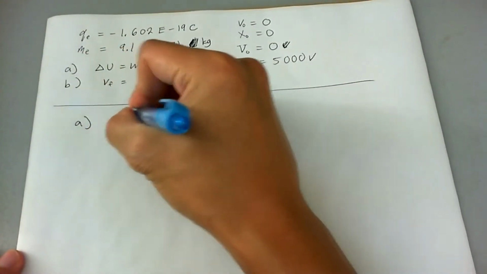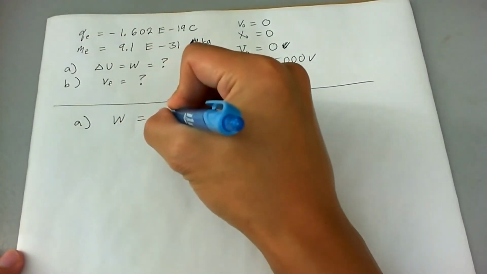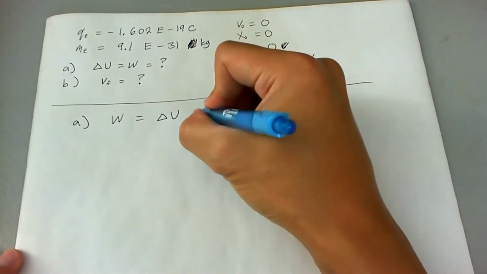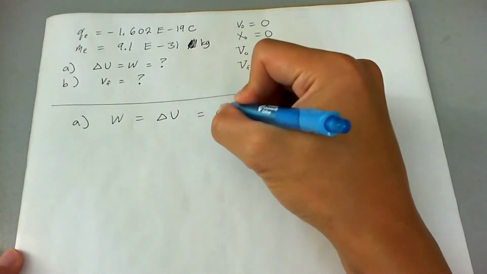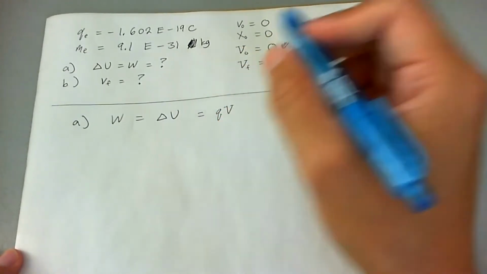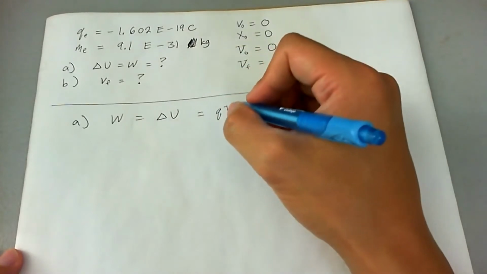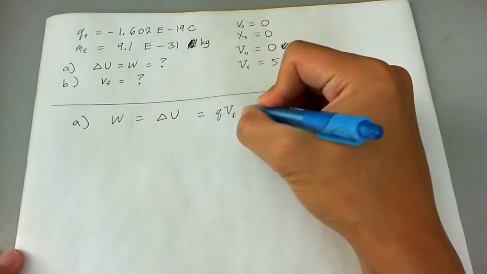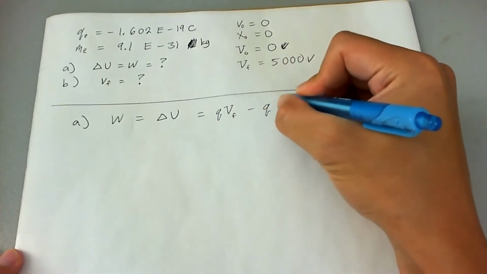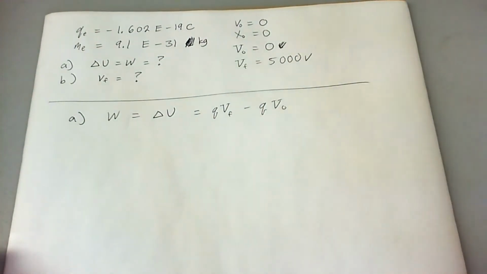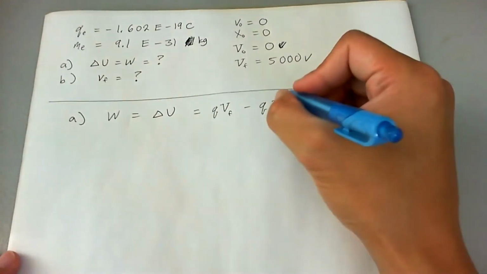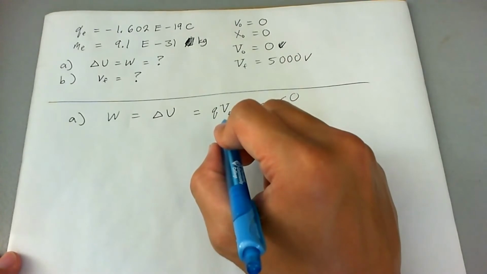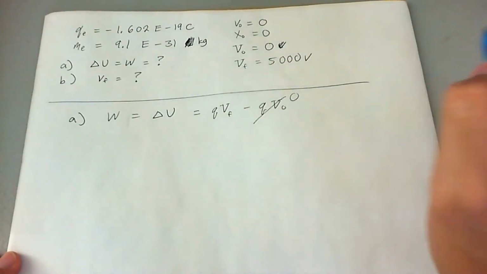So let's go ahead and do part A first. The equation for that is W is equal to delta U. And U is Q times voltage. So if we're taking a delta of Q times voltage, we're going to look at Q times voltage final minus Q times voltage initial. Right off the bat, we can see that the initial voltage is 0 from our knowns, and that leaves us with the final voltage of 5,000 volts.